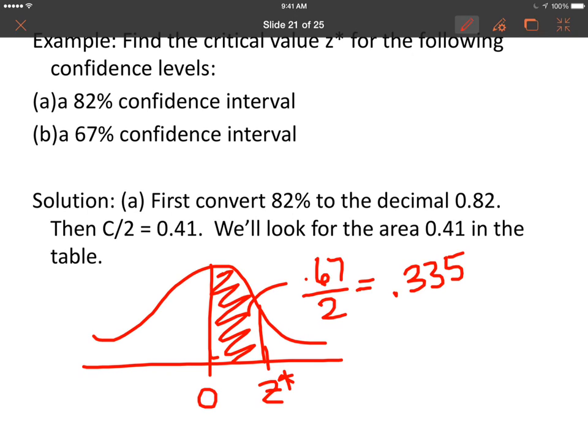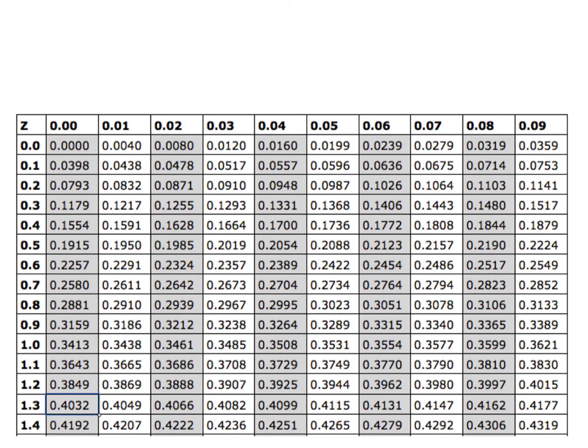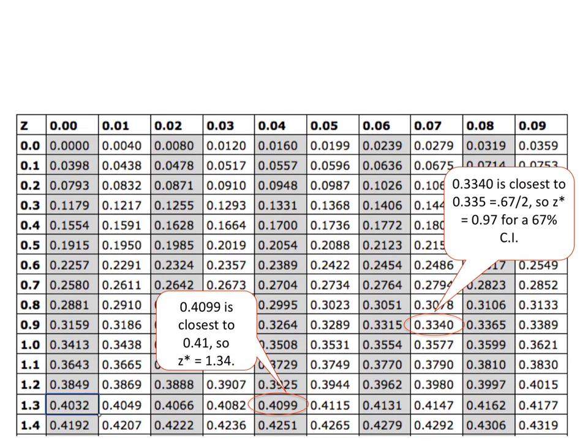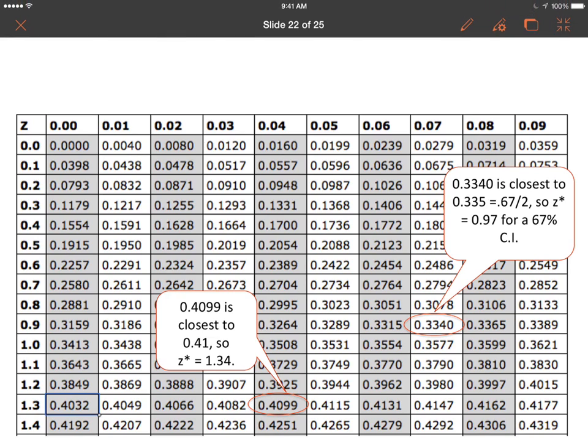So go back to the table and look for the area closest to 0.335. And it's 0.334. Okay. So our z star is 0.97. Scroll up and to the left, you can see it's 0.97 for a 67% confidence interval.